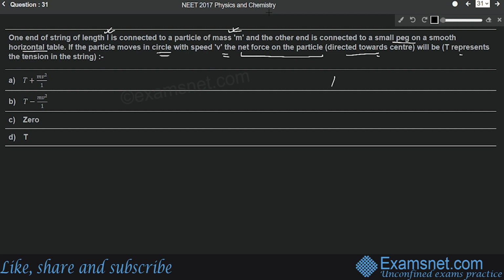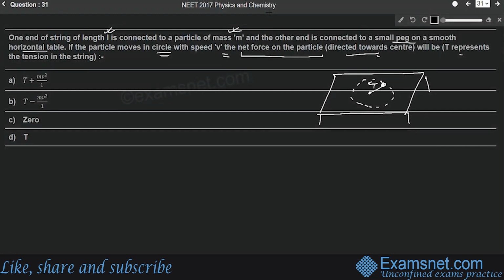Okay. So we have a table here, right? And here a particle is moving in circular motion. This tension in the string is T. So the only force that will be acting on this particle towards the center will be the centripetal force, and that centripetal force will be provided by this T. Okay.